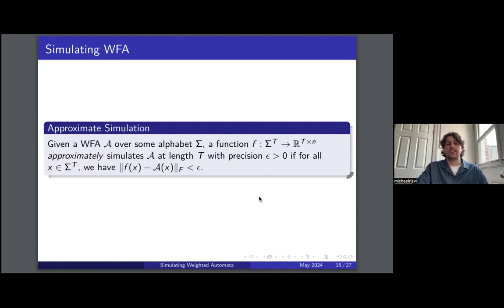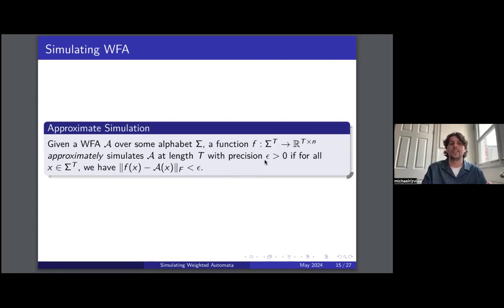We also define a new notion of simulation, which is approximate simulation. The only big difference from the previous notion is the concept of finite precision. Now not only do I have to have some WFA, you also have to give me some epsilon.